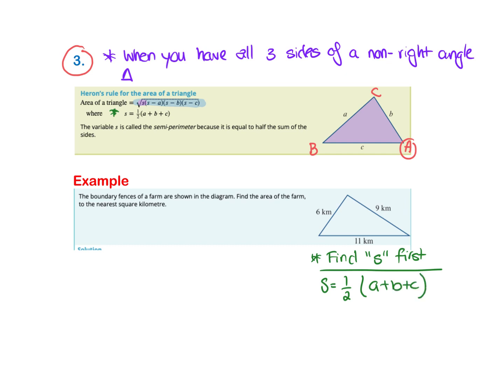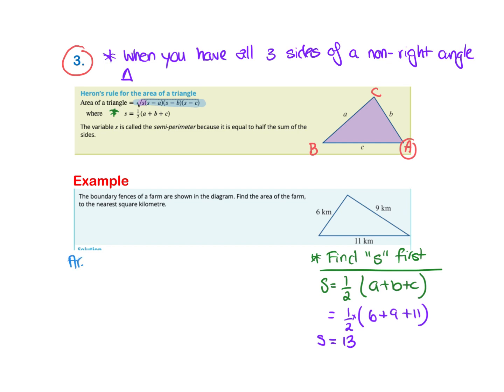So we've got a bracket there, so you must type that into the calculator. For our example, you type a half times, then open a bracket, then 6 plus 9 plus 11. Make sure you type it out exactly like that, and we end up with 13. So we know S is 13 in this case.